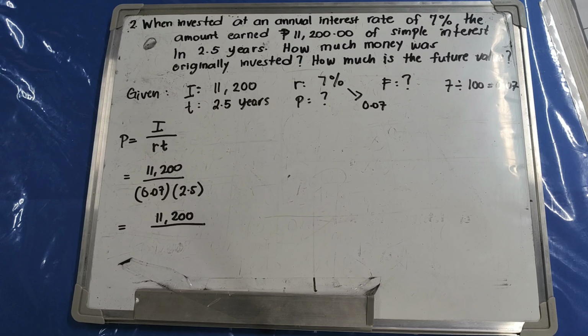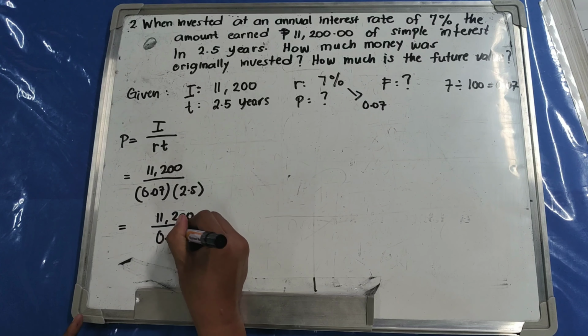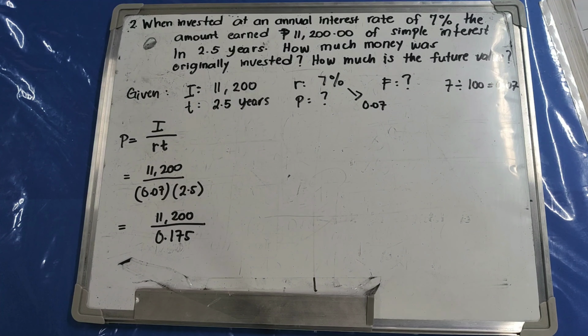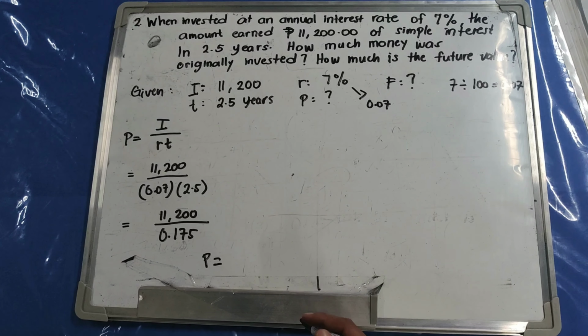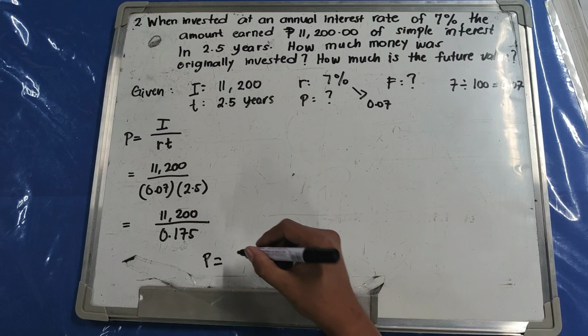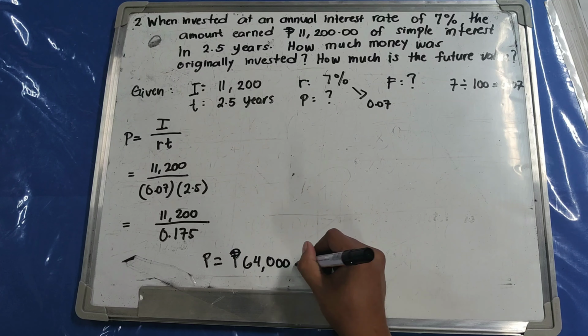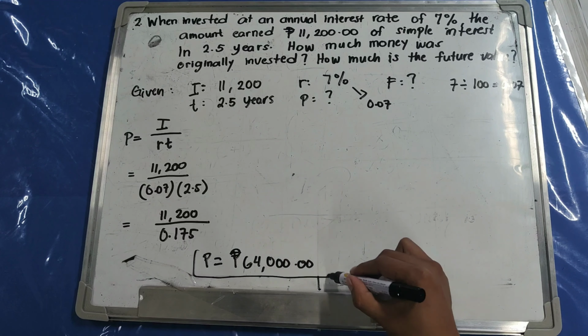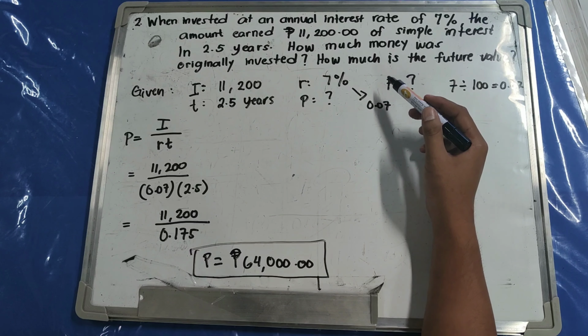Use your calculator again. The result is 0.175. So therefore, our principal, 11,200 divided by 0.175 is equal to 64,000 pesos. This is our principal, since we are looking for the money that was originally invested.